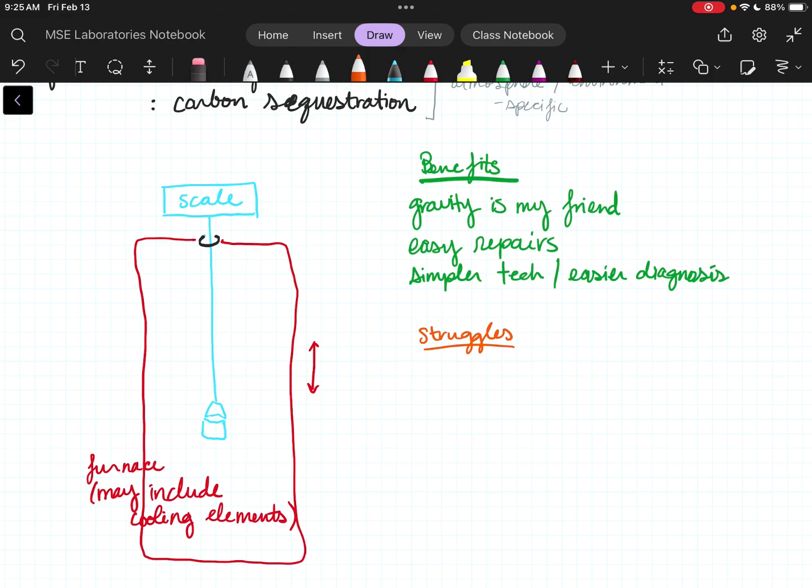You can look at this and be like, ah, yes, that's pulling on the scale, so it's going to measure its mass change. And as the person who tends to fix our instruments, it's a lot easier to diagnose something with really straightforward physics. Yes. So it's a great setup.